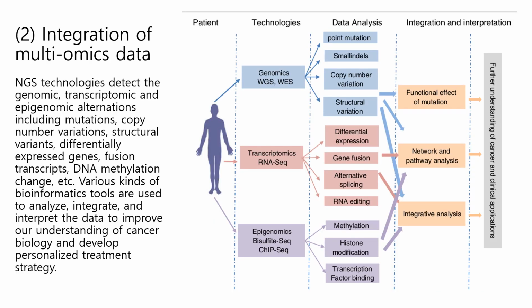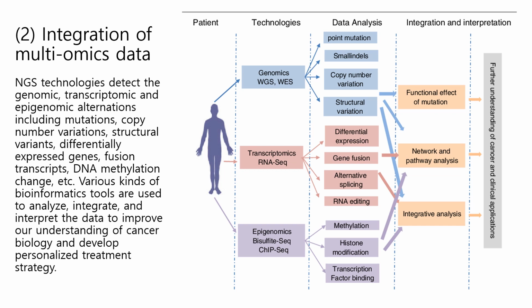The second issue was integration of multi-omics data. At the beginning, we just planned whole genome sequencing or whole exome sequencing, but we realized we needed to perform transcriptome RNA-seq analysis, and epigenomic studies were required in some cases, and we also had to add other omics like proteomics or metabolomics.